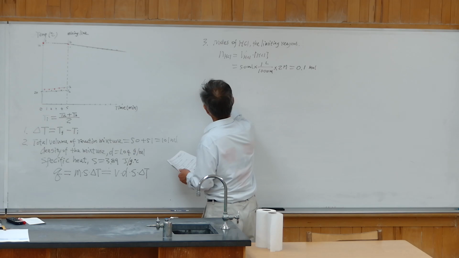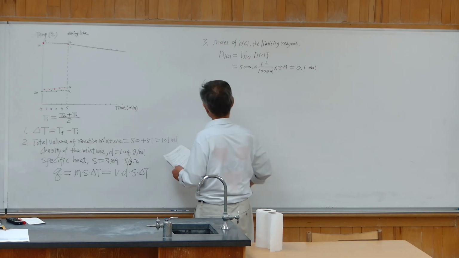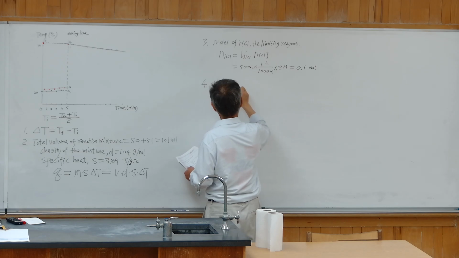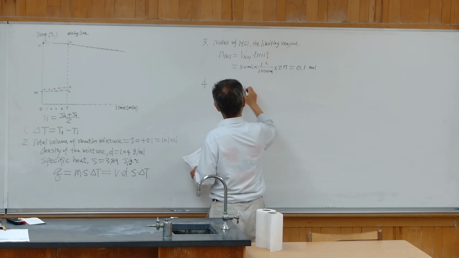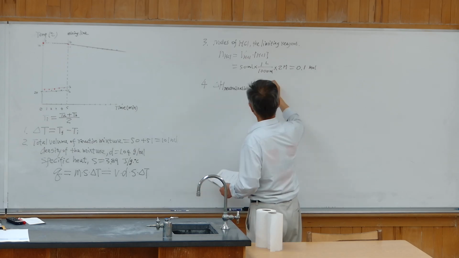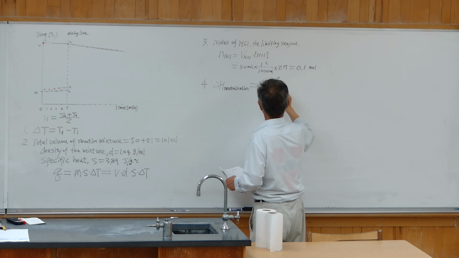Then the enthalpy change of the neutralization, the delta H of this reaction, acid-base reaction, we call neutralization, will be negative Q divided by number of moles of HCl.